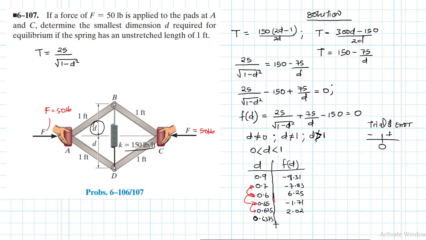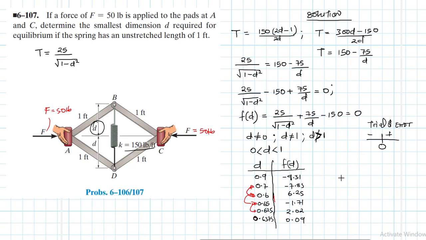I hope this one will get us somewhere. 1 minus 0.6375, square root of that, 25 divided by answer plus 75 divided by 0.6375 minus 150. All right, I think this is not bad, 0.09. I think we can settle for this. This is not bad.